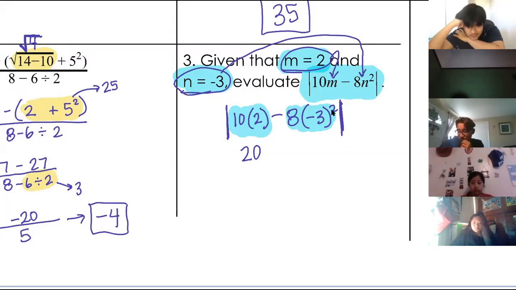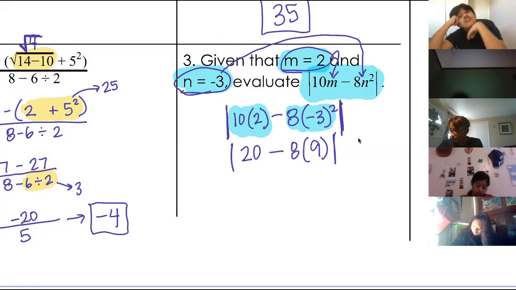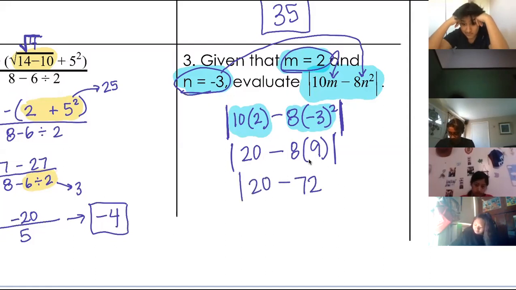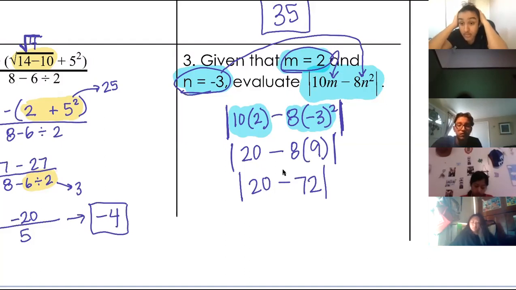So I'd have 9 here, still with absolute value signs on it. From here, do I need to do subtraction or multiplication first? Multiplication. Yeah, so I can do -8 times 9, which is -72. We see that -72 coming out, and we have 20 here. And then we do 20 minus 72, we get -52. Thanks, Roxana.